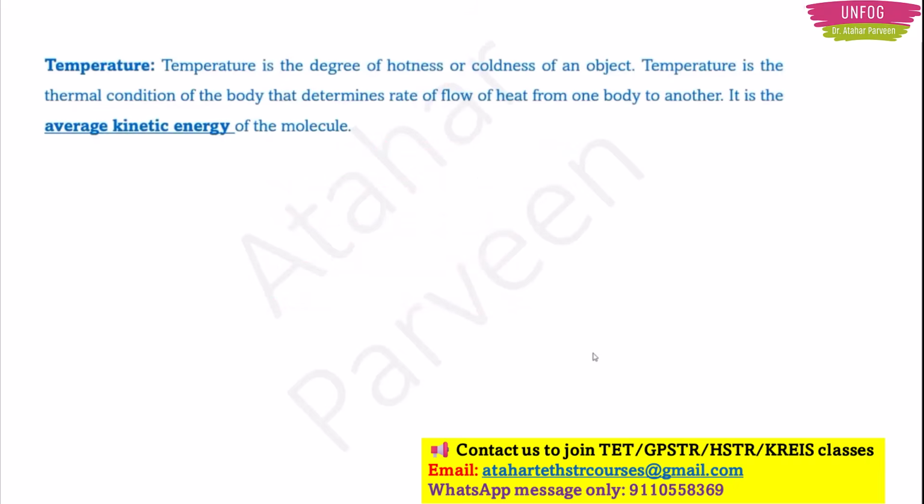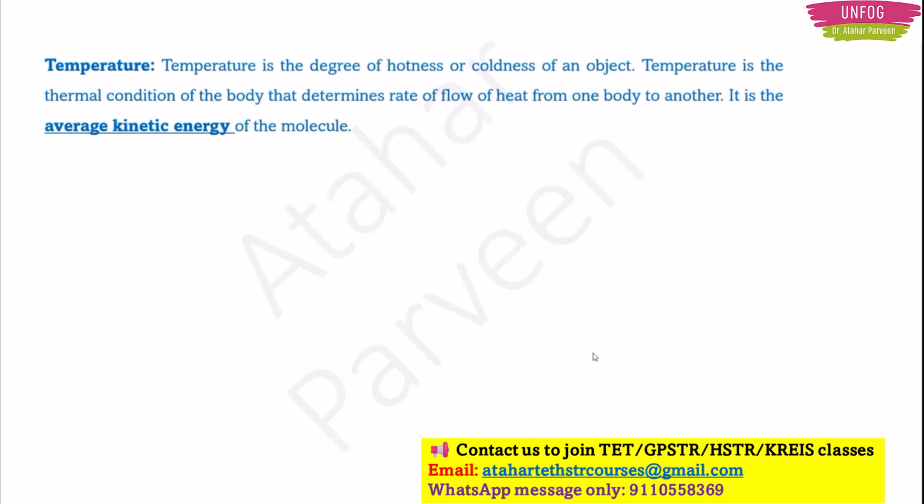Now let's talk about its friend. Its friend is temperature. It is not the same as heat, but it is a close friend, I can say. Temperature is nothing but the degree of hotness or coldness of an object. Okay, it is one thermal condition actually, which will determine the rate of flow of heat from one body to another.